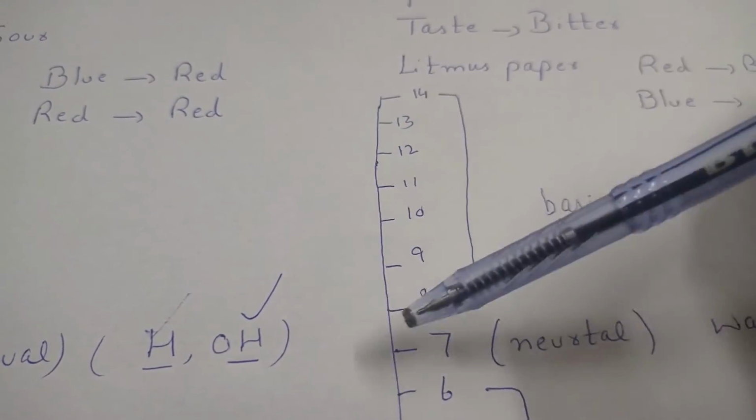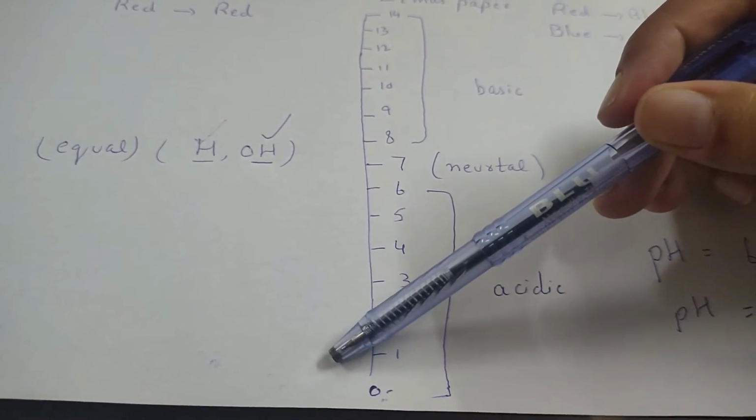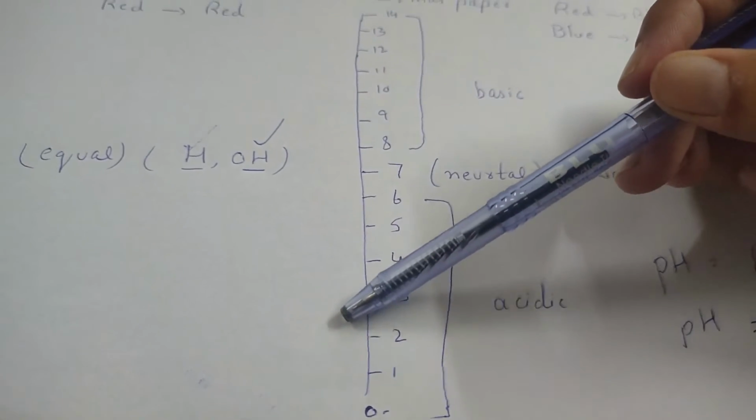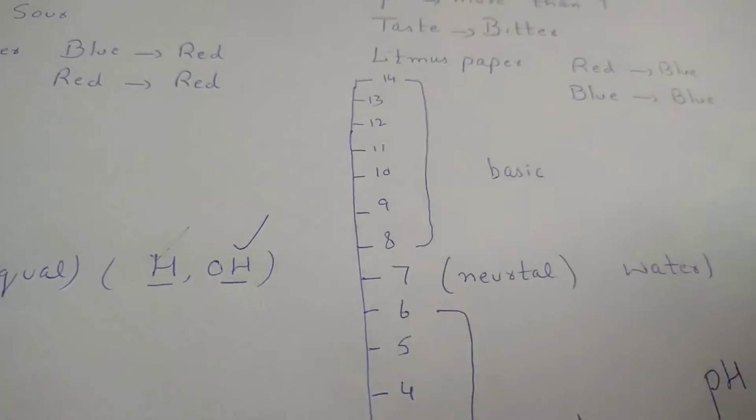Obviously 12. So basically: strong acidic, weak acid, neutral, then weak basic, and then strong basic. Is it clear? So we can differentiate between acid and base. Acid has hydrogen, base has hydroxyl. Acid has pH below 7, base has pH above 7.